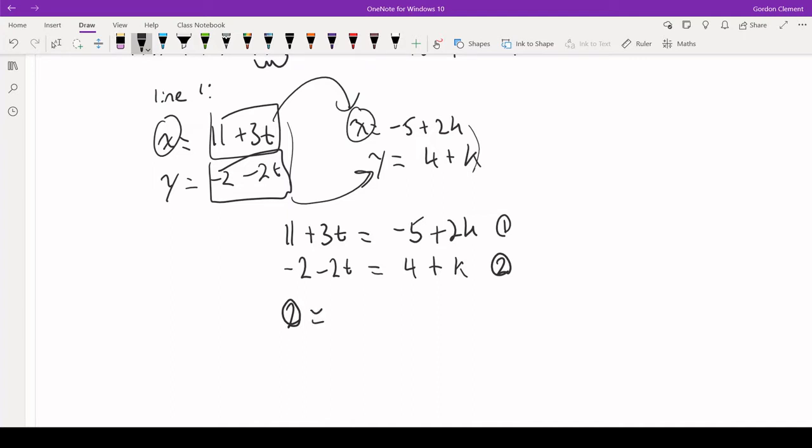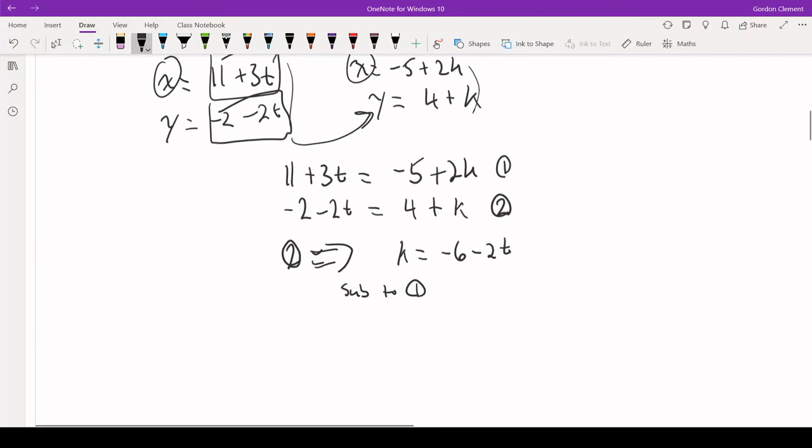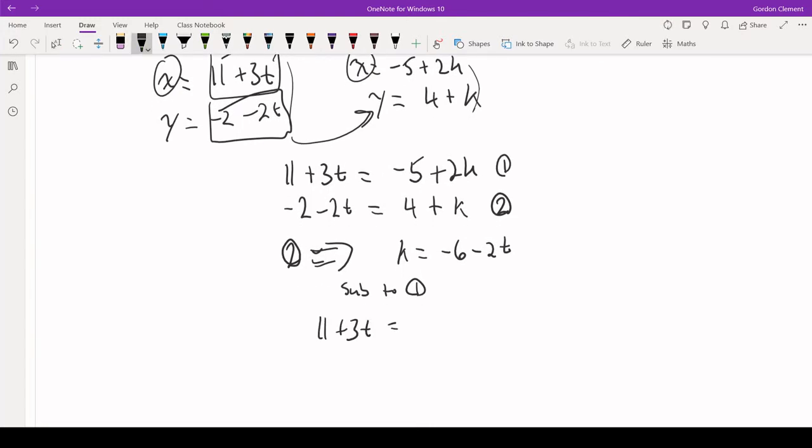So I'm going to say 2 implies, so that's like an equal sign with an arrow, or just a normal arrow, that k is, if I move the -4 over, -6 minus 2t. And then I can sub that into equation 1. And so we're going to get 11 plus 3t equals -5 plus 2 times (-6 minus 2t).